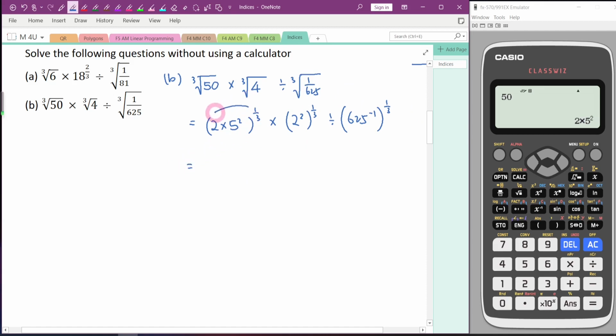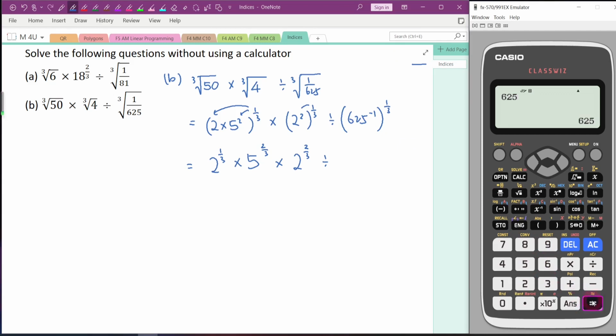Okay, bring in the power 1 over 3 here. It becomes 2 power 1 over 3, 5 power 2 over 3, 2 power 2 over 3. Okay, divided by, now 625, I'm going to press our calculator, is actually equal to 5 power 4, right? Let me check. 5 power 4.